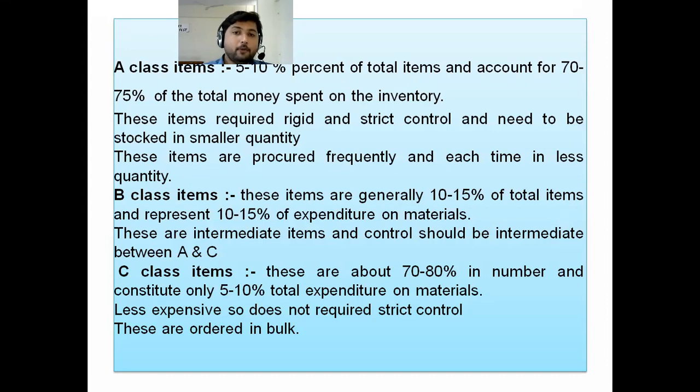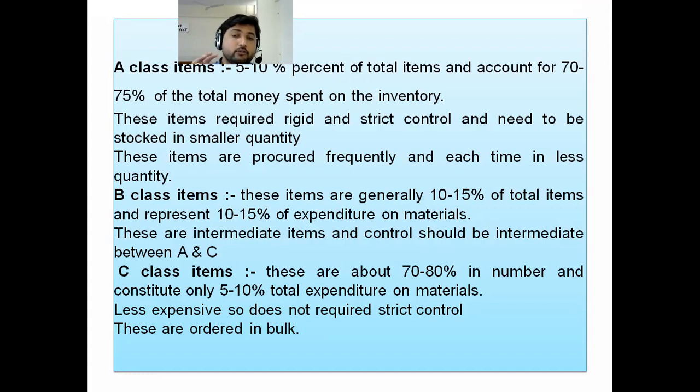Now B type items consume 10 to 15% of expenditure, and their quantity is also between 10 to 15% of the total variety, so they require moderate attention and intermediate control over the inventory level. Then the C class items are nothing but 70 to 80% of all the items.